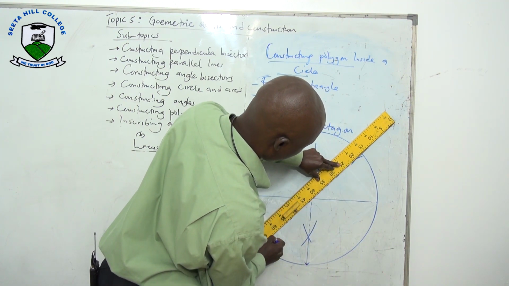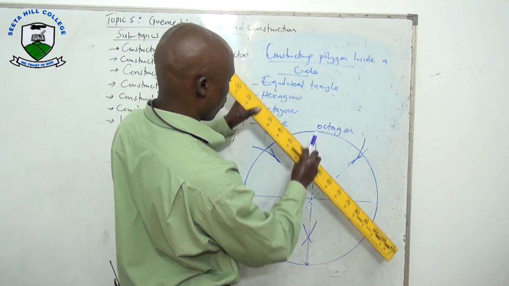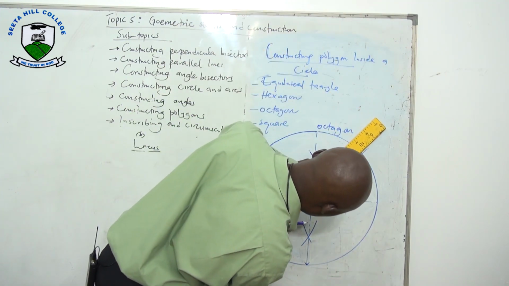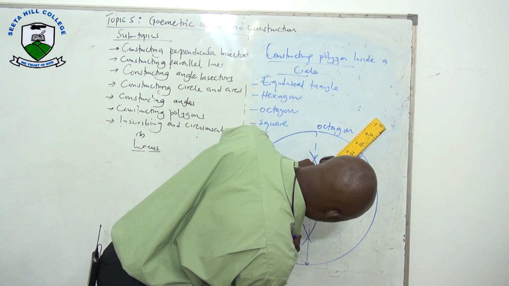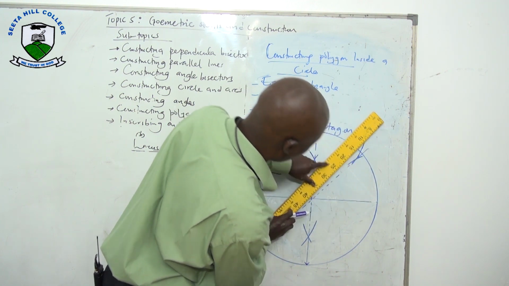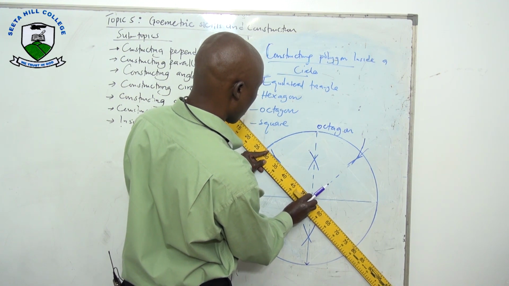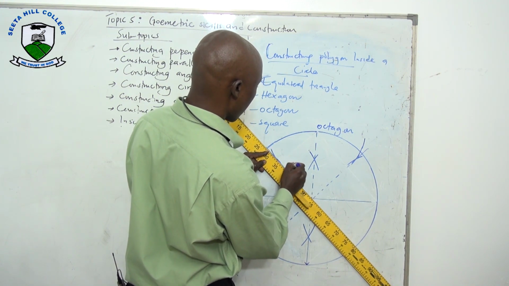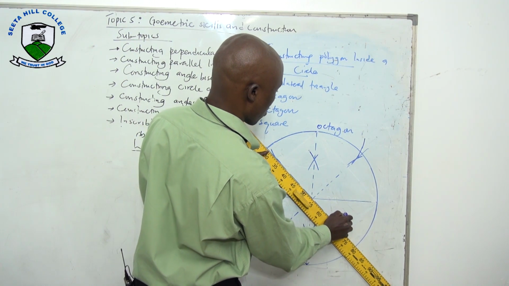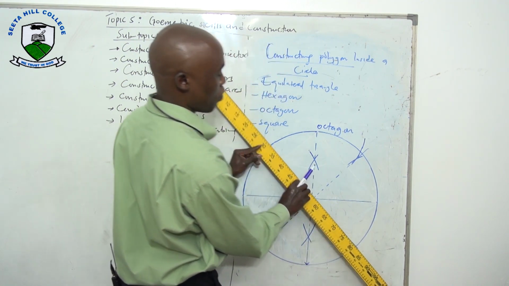The angle bisector is there, and also the angle bisector here. The octagon is finished.